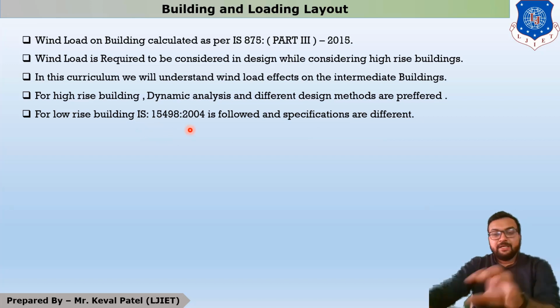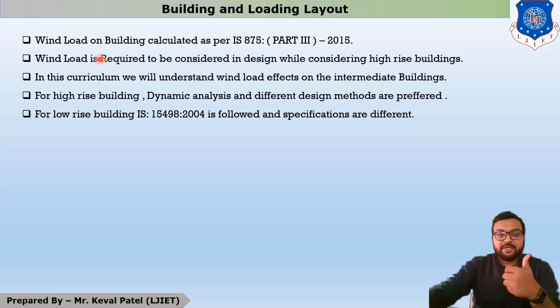It is already discussed that wind load is calculated as per IS 875 part 3, published in 2015. Whenever you have to design any high rise building, you must calculate how much wind load is acting on those junctions.